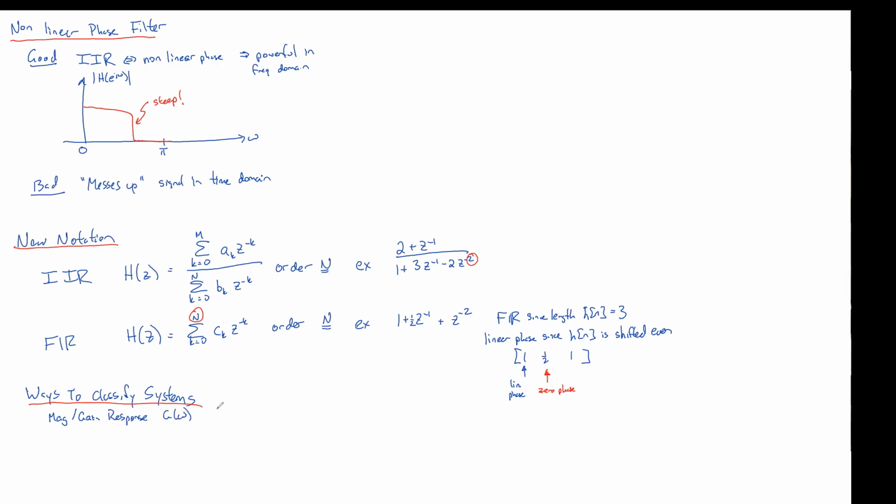It's defined to be the same thing as the magnitude of the DTFT. I'm trying to speed up because I'm getting close to the end. And based on that, we can say if it's a low pass filter or a high pass filter, band pass filter, band stop filter.